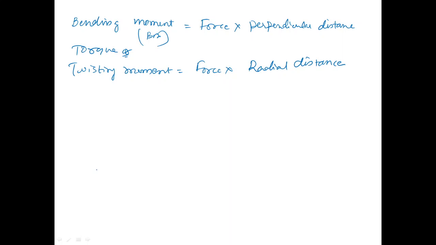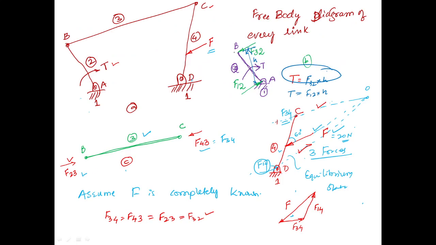Now if you go back to the previous problem here, about this point the link has to take a turn. Then you need to find out the perpendicular distance here, right?